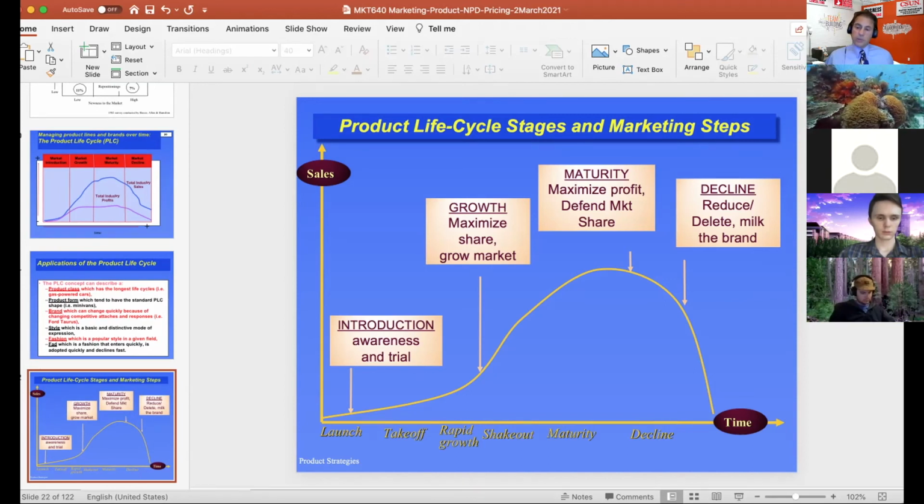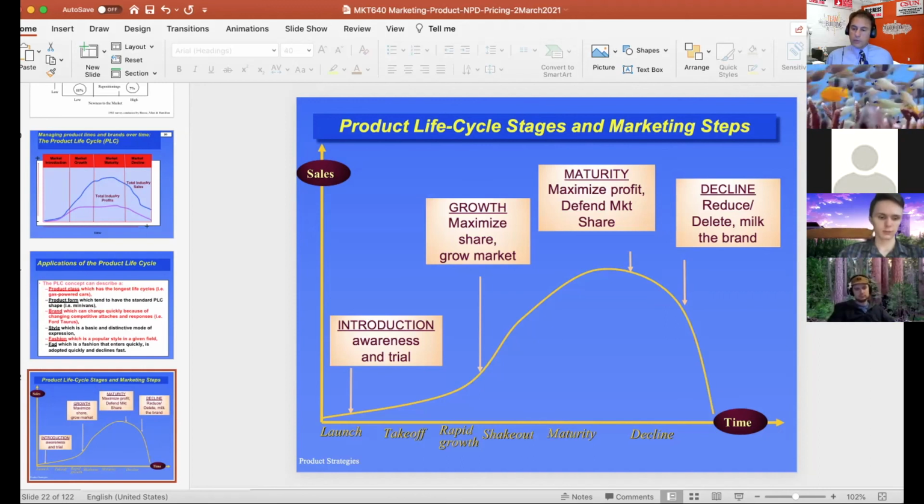In the next stage, in the maturity, it's the opposite of the growth. So in that situation, you try to maximize the profit and defend your market share. So the profit margins in stage 1 and 2, in terms of percentage, are usually much greater, which means that when you launch a new product, you usually make more money than when the product gets to be older.